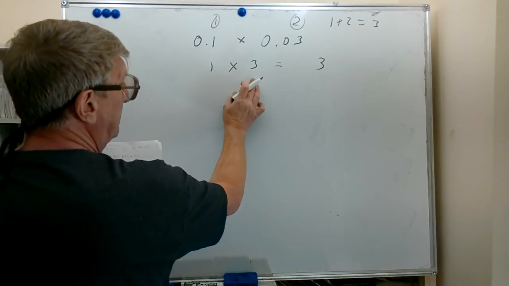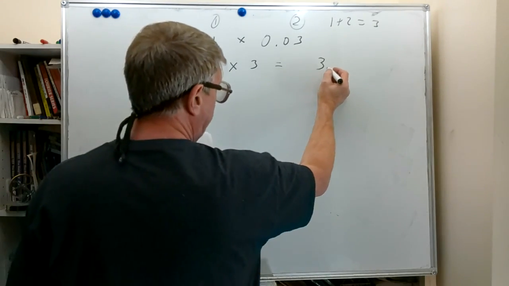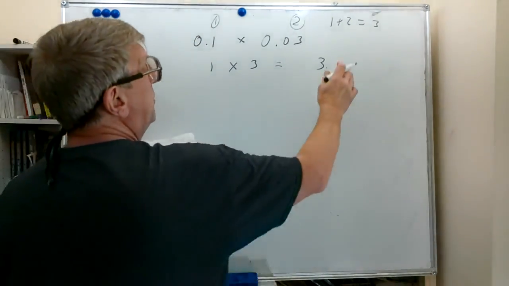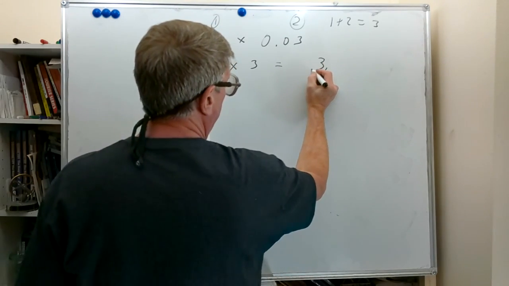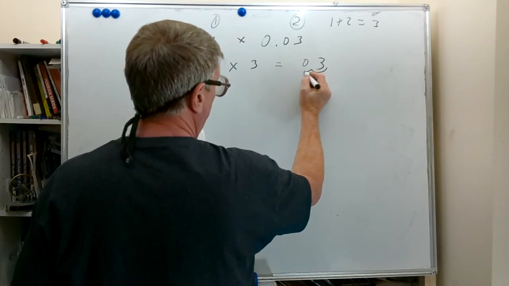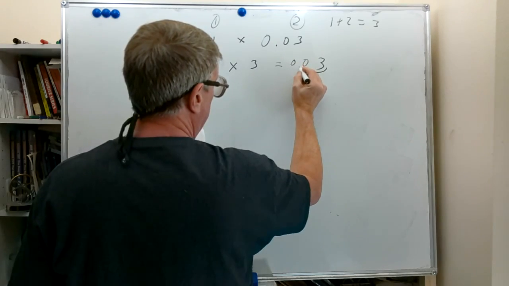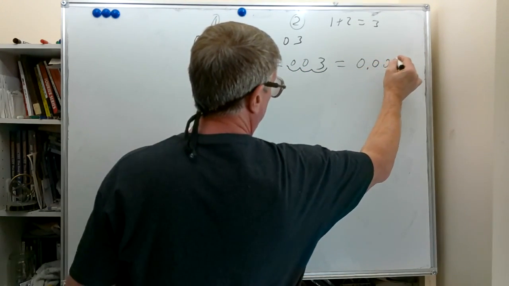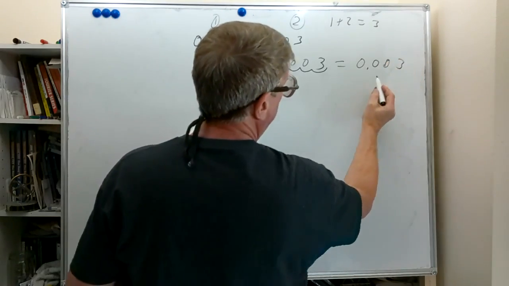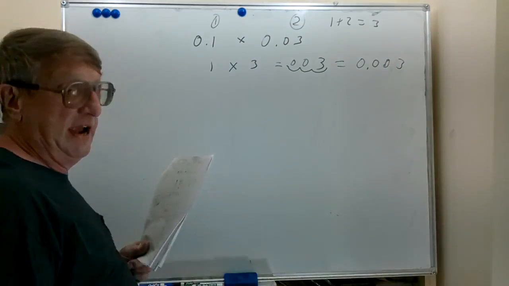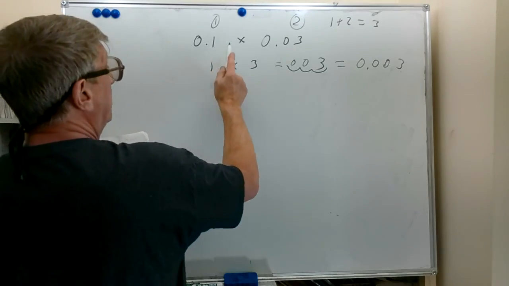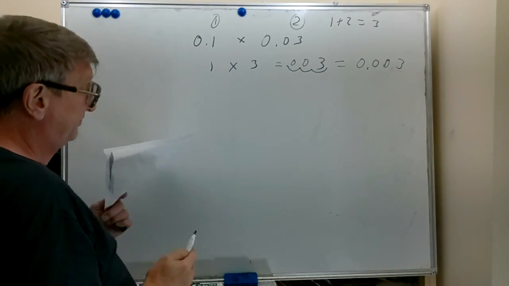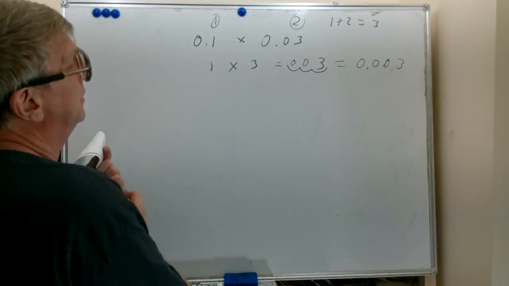We've multiplied the whole numbers. We have an implied decimal point here, but we want 3 decimal places, so we've got to move over 1, add a 0, move over 2, add a 0, move over 3. So this becomes 0.003. So now we have 1, 2, 3 decimal places in our answer, just like we had 1, 2, 3 decimal places total in the original problem.